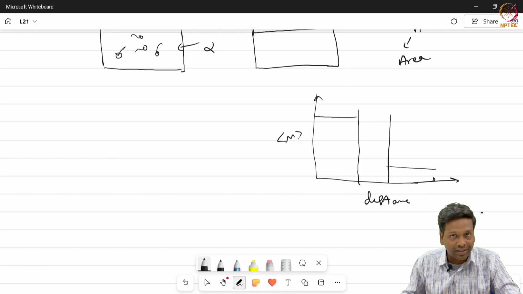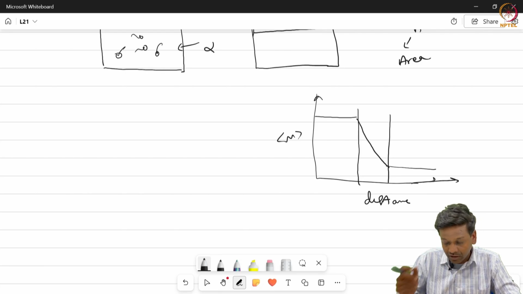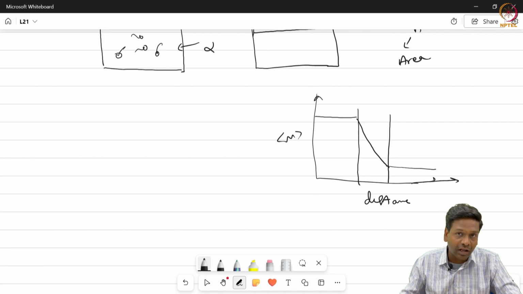This profile can sometimes be linear or exponential, or any asymmetrical profile, but we have what is known as the Gibbs dividing plane, which is nothing but identifying an imaginary or reference plane as proposed by Gibbs.